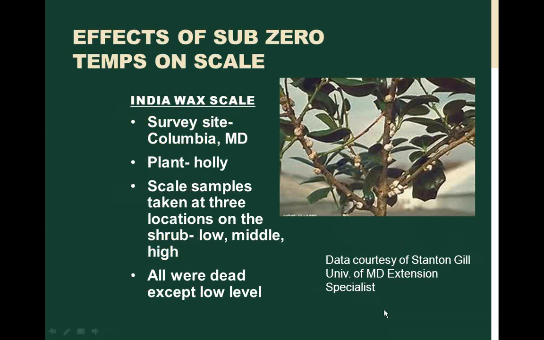Some people have asked me about the effects that the cold temperatures have had on some of the insects this year. And this is data courtesy of Stanton Gill down at the University of Maryland.